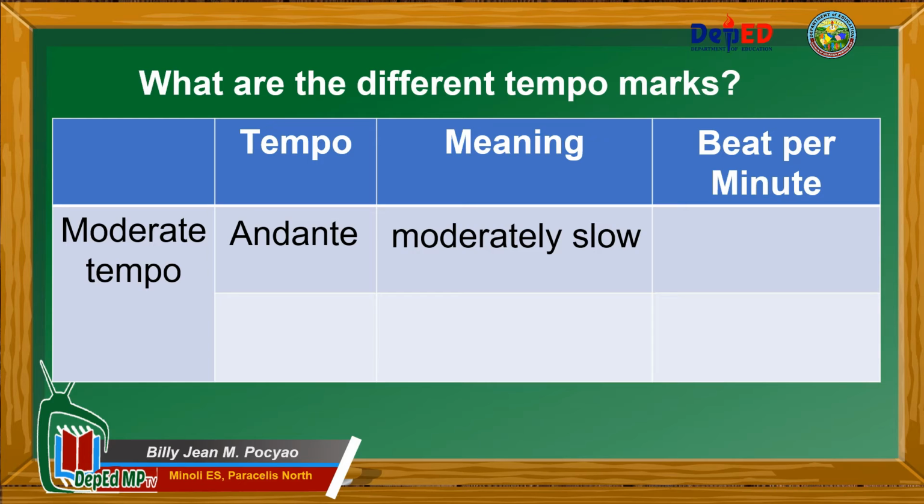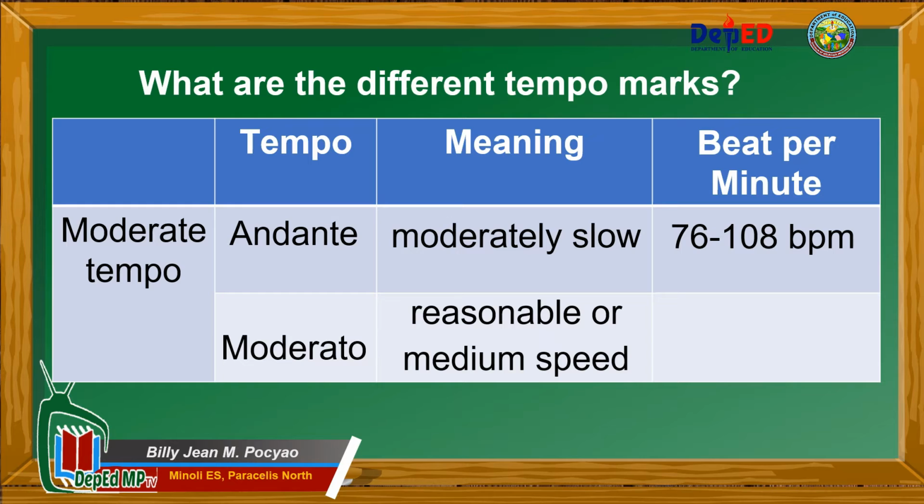Andante generally registers from 76 to 108 beats per minute. Another one is moderato. Moderato is reasonably or in medium speed, with 108 to 120 beats per minute.